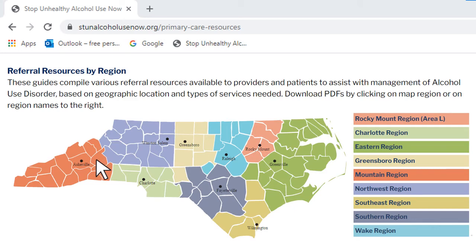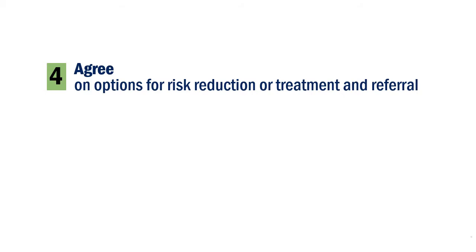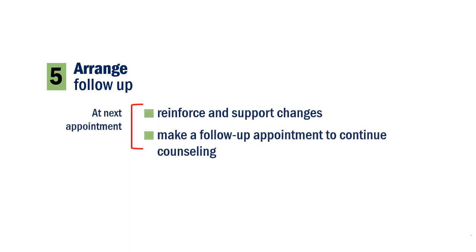Before the appointment ends, the provider engages in shared decision-making with the patient, seeking agreement about options for harm reduction or treatment and referral. The provider then seeks to arrange a follow-up appointment in 1 month, at which they will ask whether the patient was able to make the changes they discussed. If the patient met their goals, the provider reinforces and supports the changes and makes a note to continue counseling at a future visit.